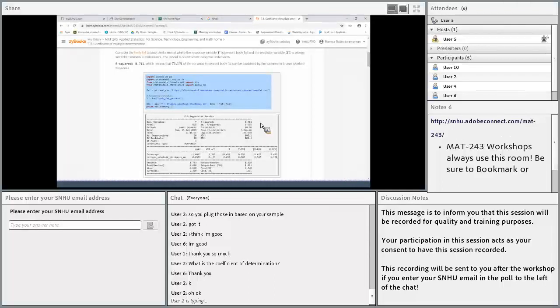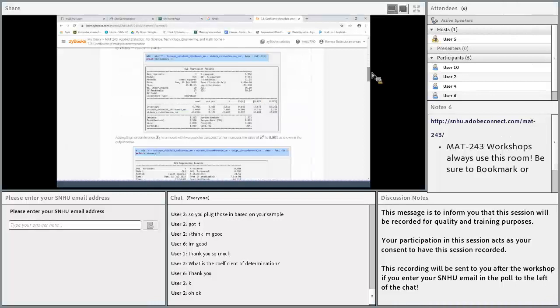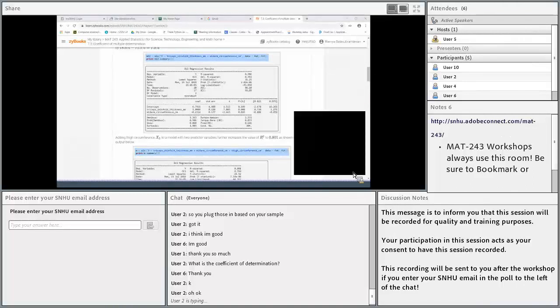And then we said that 71% of the body fat is explained by the triceps skin fold thickness. So my X1 values are contributing 71% in explaining my Y values. So the greater your R squared value, the better your predictor is in predicting the value of Y.